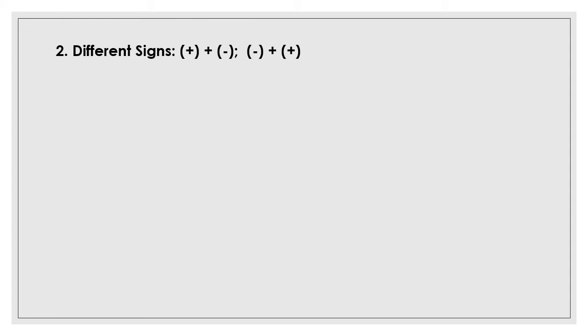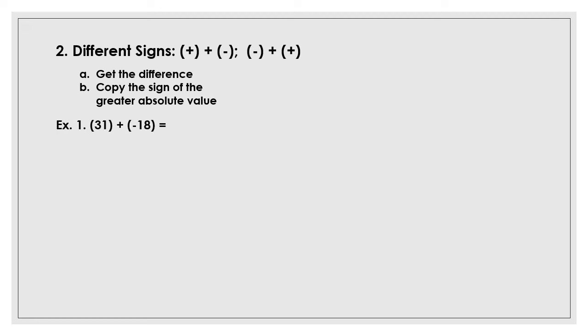If we have different signs, we get the difference and copy the sign of the greater absolute value. Let us say we have 13 plus negative 18. So using the seeds diagram, we rename 31 as 18 plus 13.